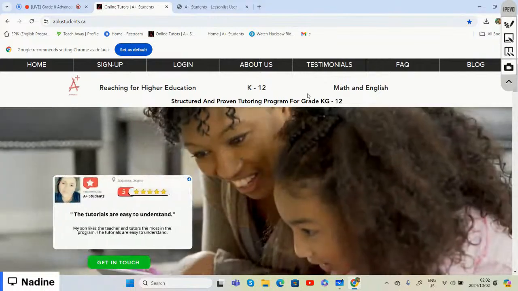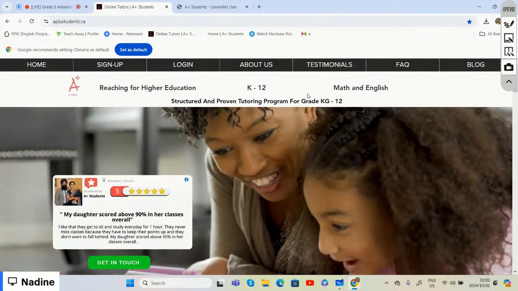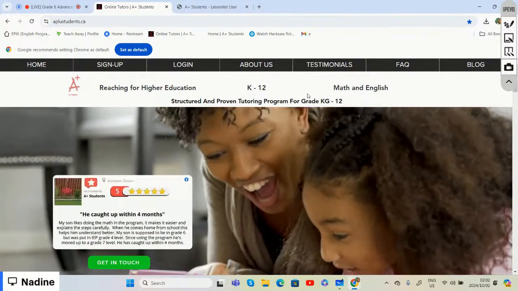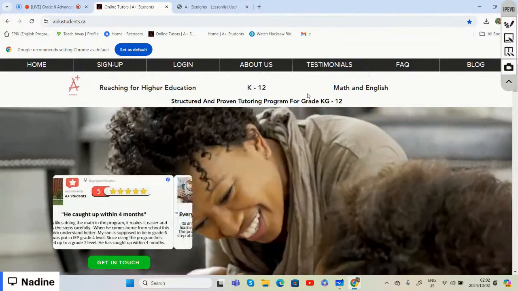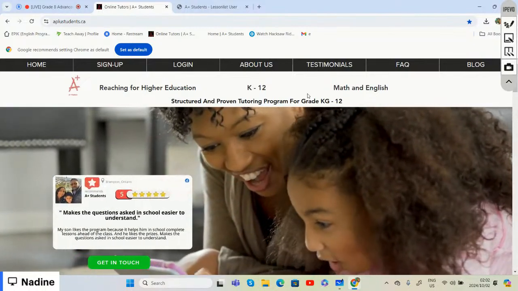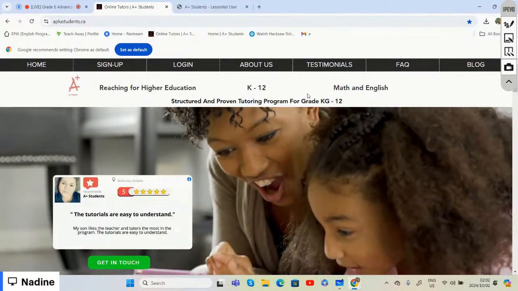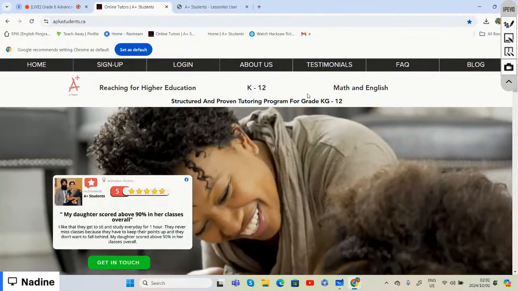We're doing grade 8. It's basically high school advanced, but we're doing grade 8. And then we're going to scroll down until we get to our chapter of semicolons, colons, and commas.